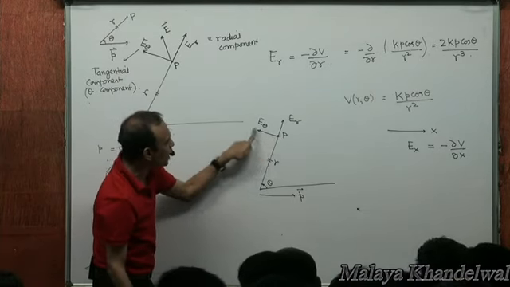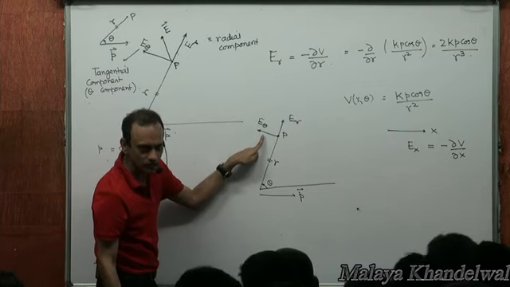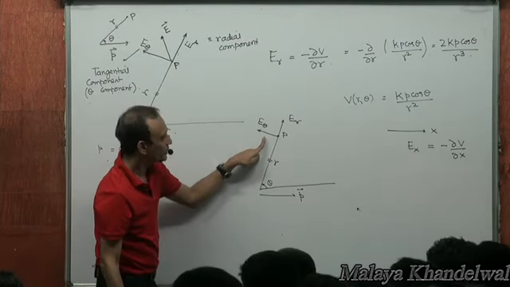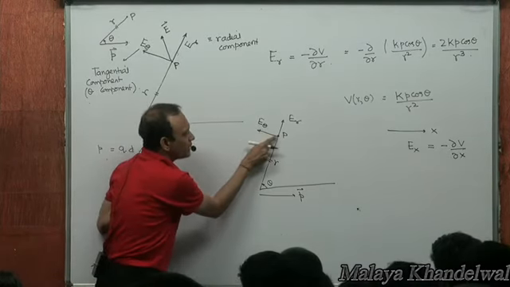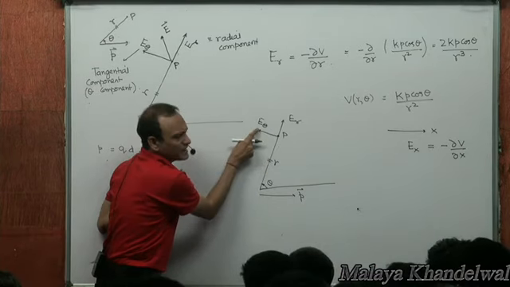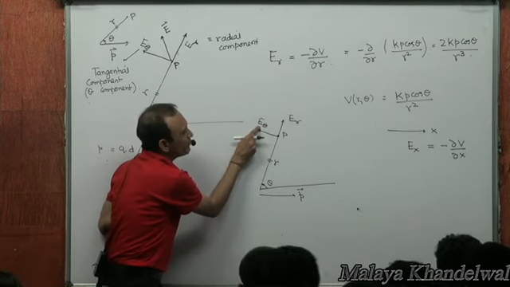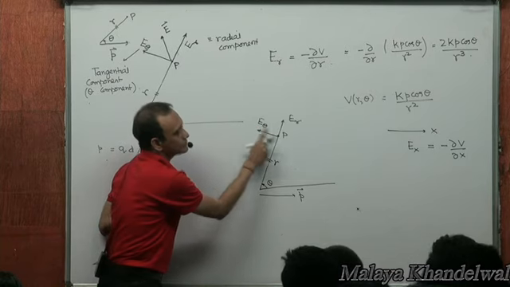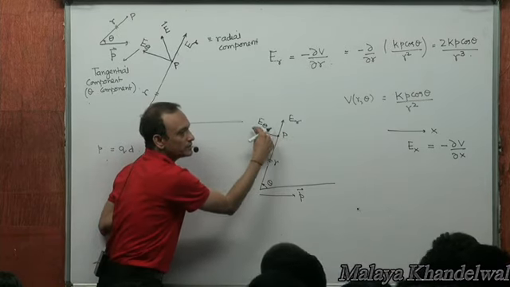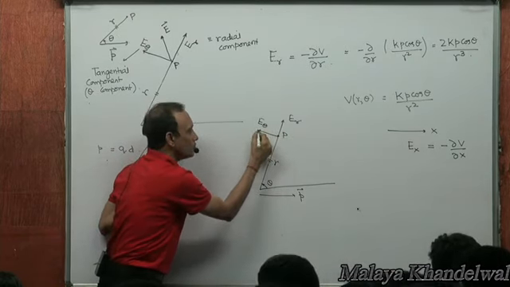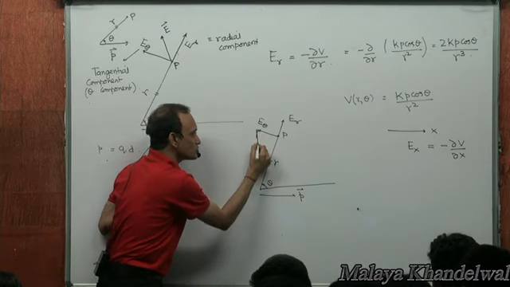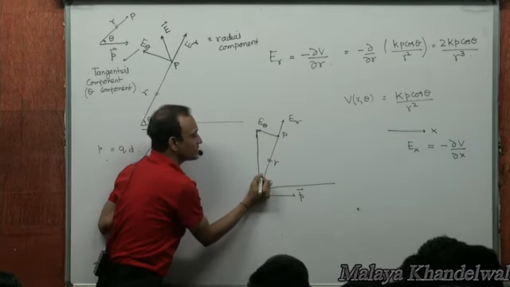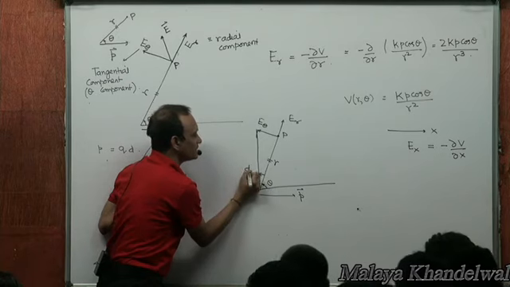This is a small displacement perpendicular to r. And when a unit positive charge is moved slightly in this direction, what's the only force acting on it? E theta. E_r will have no component in this direction, right? Now, when I move a small amount in this direction, that means this would be a small angle d theta.